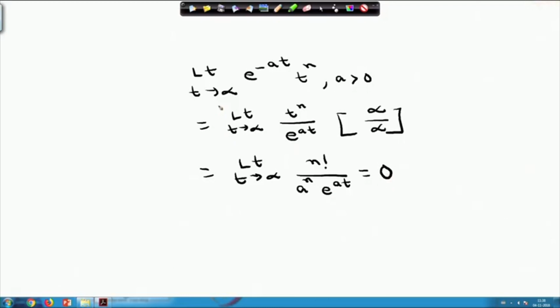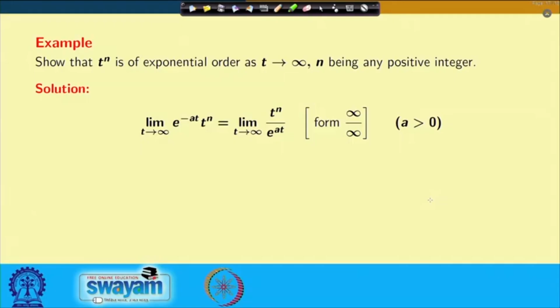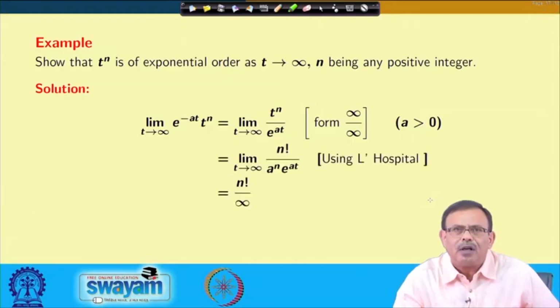Therefore, since the limit as t approaches infinity of e^(-at) t^n has a finite value 0, we can say that t^n is of exponential order. Here you can see n factorial by infinity, which is 0. So this example shows that t^n is of exponential order alpha.